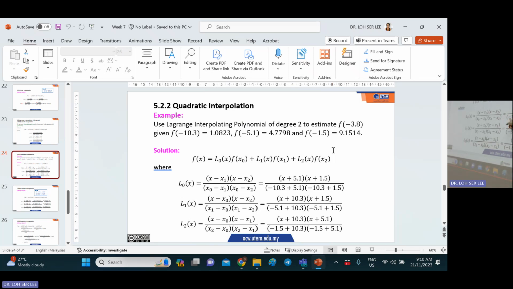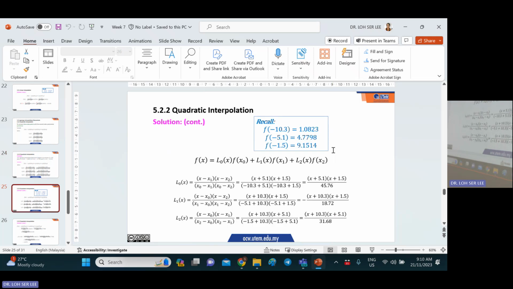This one you can simplify, but you don't have to expand, because we just want to use this to estimate f(-3.8). You just simplify the denominator, the one from the bottom.